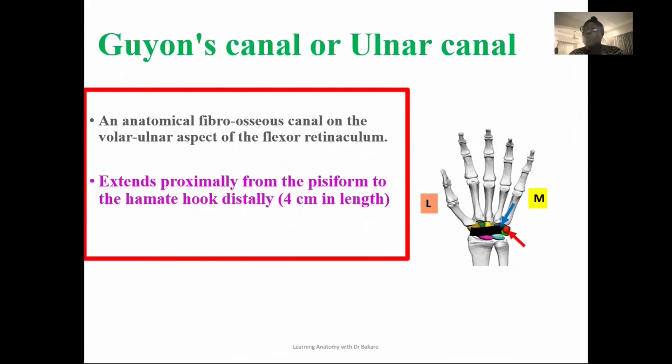In that lecture, we stated that the flexor retinaculum is a fibrous sheet that runs horizontally, and it is seen to be tapered or connected to the pisiform and also the hook of hamate around the medial side, which of course is then directed laterally. On the lateral side, the flexor retinaculum is connected to the scaphoid and also the trapezium.